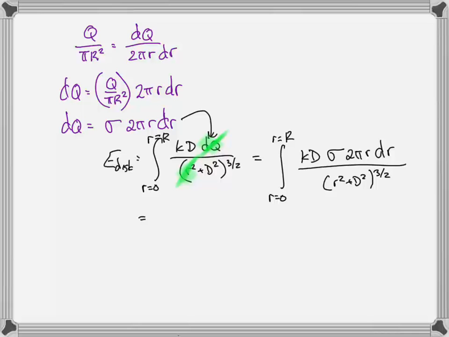Now we pull out all the constants: k, d, sigma, 2 pi. And now our integral variable is definitely little r, so little r goes from 0 to big R, and all we're left with inside the integration is r dr over r squared plus d squared. Remember, d is a constant, but we can't pull it out because it's stuck in this denominator. And now we have to do this integral.